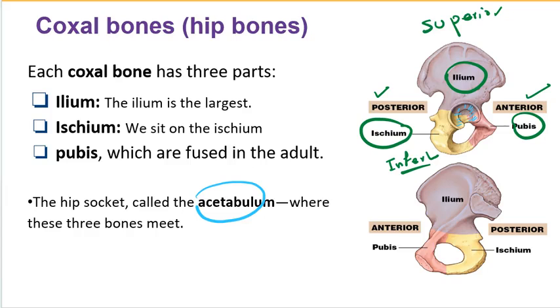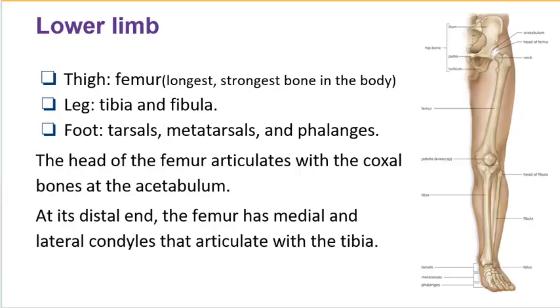The glenoid cavity is a cup-shaped part of the scapula which articulates with the head of the humerus, making the shoulder joint, and the acetabulum is a cup-shaped part of the hip bone which articulates with the head of the femur and makes the hip joint. This is where these three parts, the ilium, ischium, and pubis, fuse together.